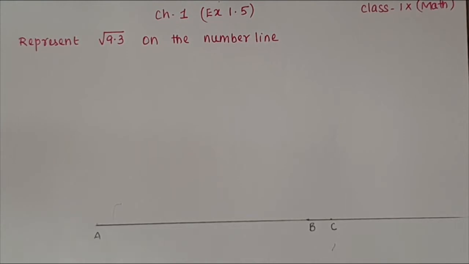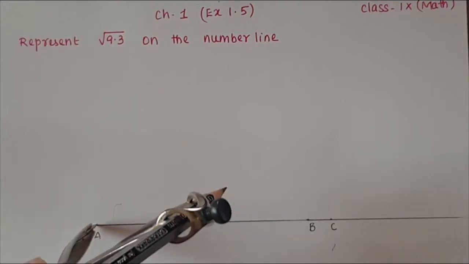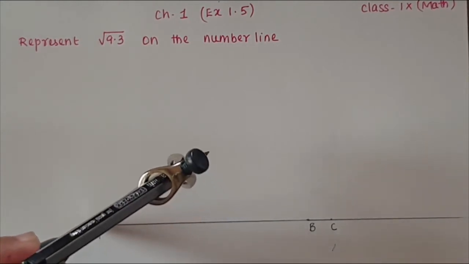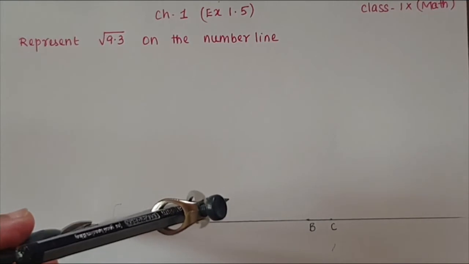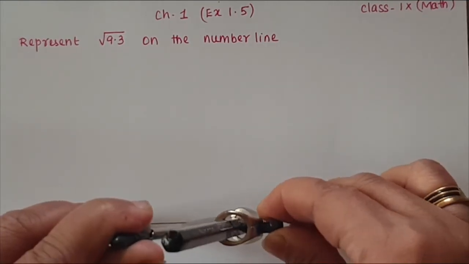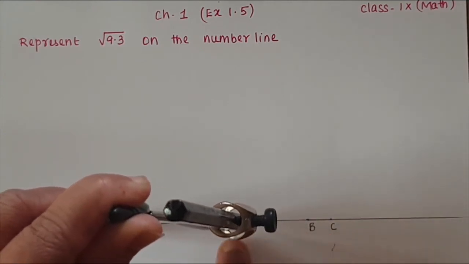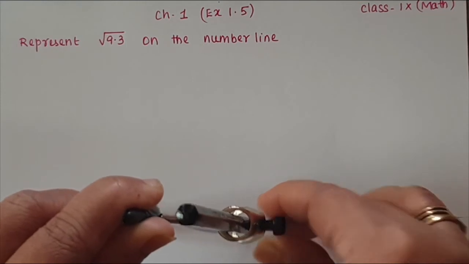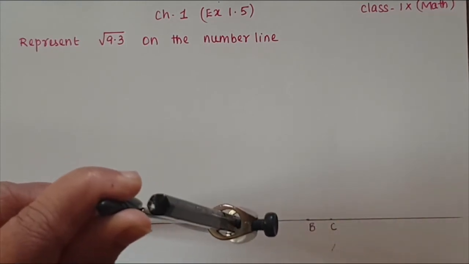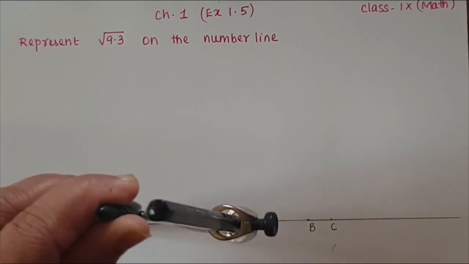Now you have to take the compass, place the compass at one end of the line segment, A. Adjust the compass to slightly longer than half the line segment. See, AC, it is slightly longer than half the line segment, isn't it?